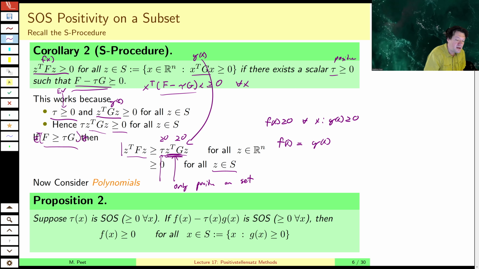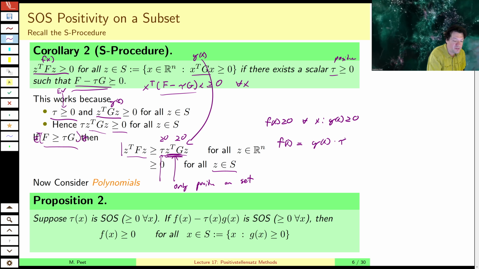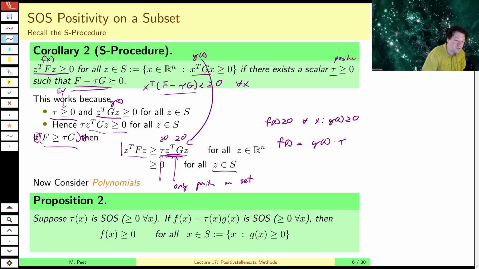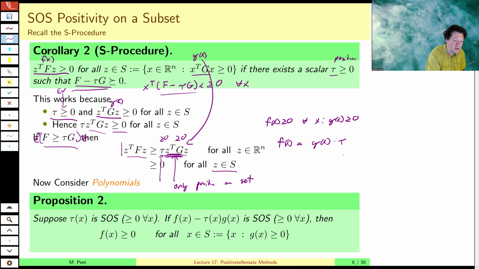But presuming that f of x is not precisely equal to g of x, we could add something which is positive everywhere, or multiply it by something which is positive everywhere, and that would be a valid deduction of things which are positive on the set.